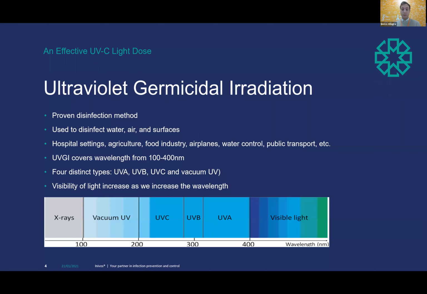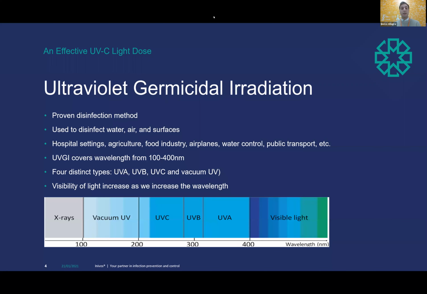It's been used in a variety of applications, including healthcare settings, agriculture, food, airplanes, water control, and many more. The germicidal irradiation UV light, or UVGI, covers a wavelength between 100 to 400 nanometers.